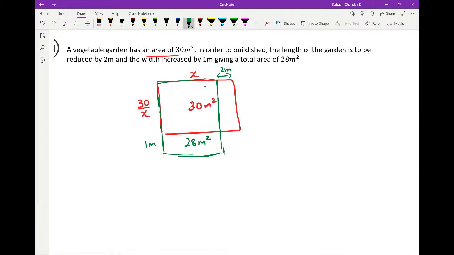I'm going to write it down a little bit here. The green rectangle is going to look like this. Remember, the width is going to be 30 over x and 1, so it's 30 over x plus 1. And then the length is going to be x minus 2.